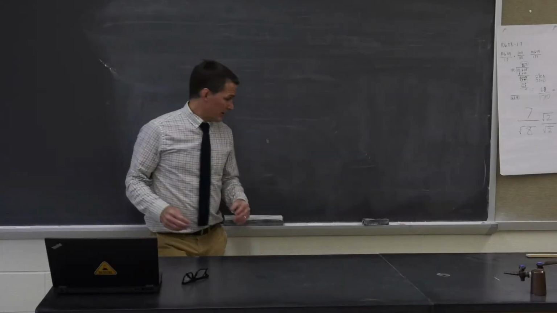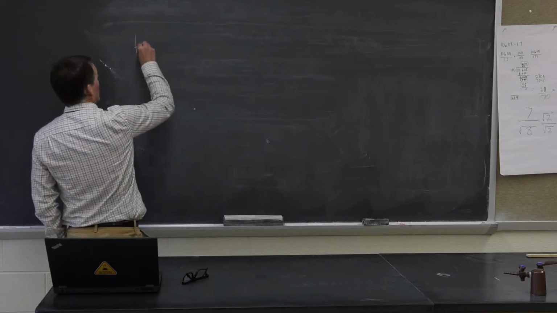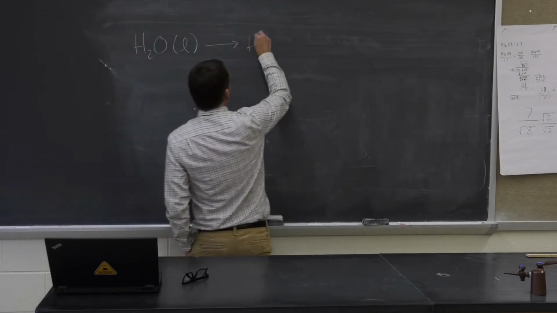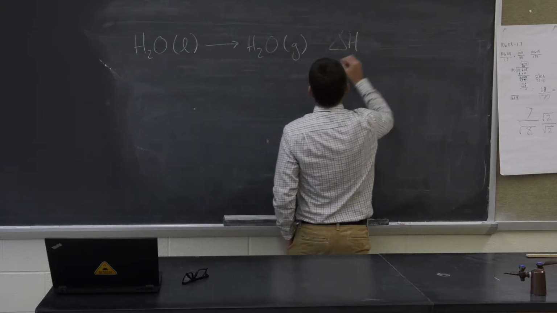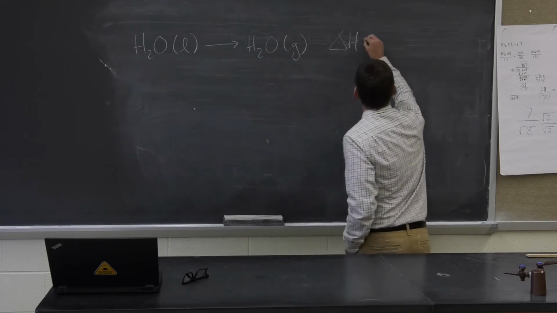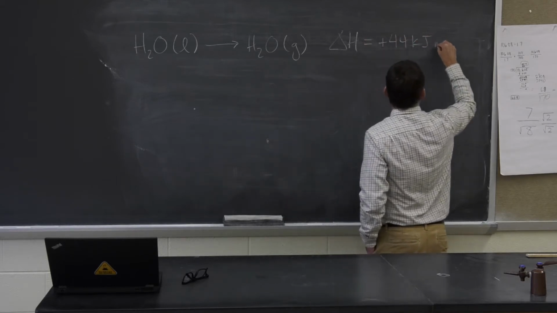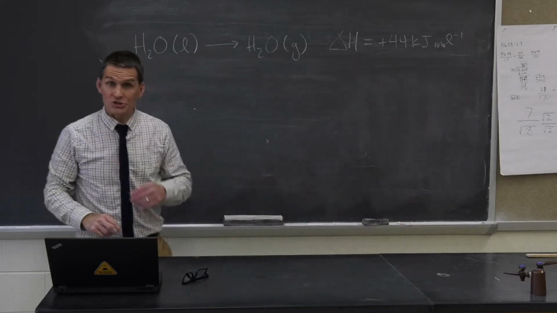In a previous lecture, we did a calculation to show that when liquid water boils, that change is associated with an enthalpy change of 44 kilojoules for every mole of water that undergoes the change.